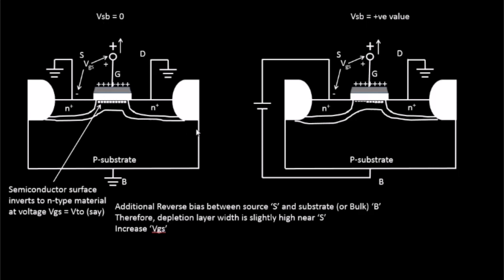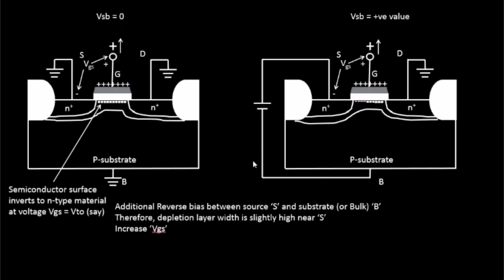We have yet to reach a point at which you see a similar kind of surface inversion happening over here as well, which has not yet happened. Since I'm already running out of time, we'll continue this discussion in the next video, and we'll also come up with some equations which will say what the threshold voltage or the gate voltage will be in the presence and absence of VSB.